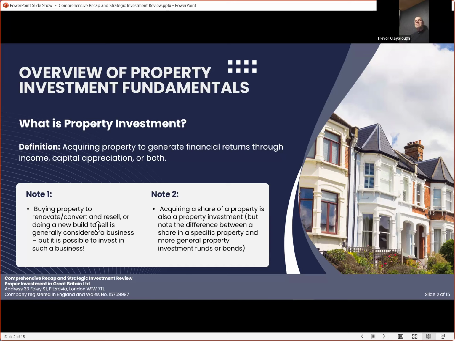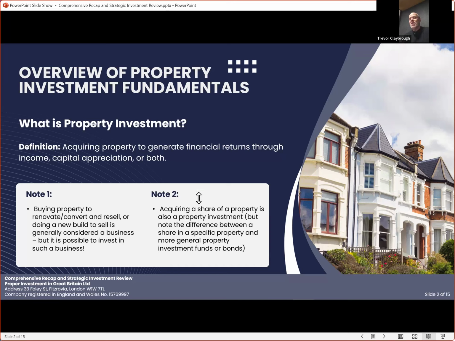If we're buying a property to renovate, convert and resell, although it involves property, I consider this more like a business, almost like a trading business. We're buying something, improving it and selling it for profit, but we're not doing it as an investment for holding and for long-term income and capital appreciation.